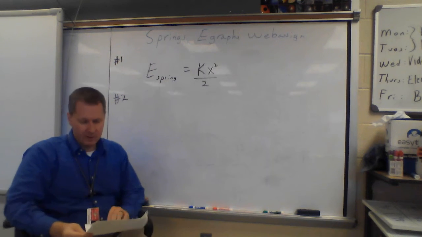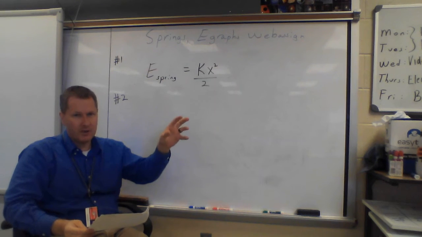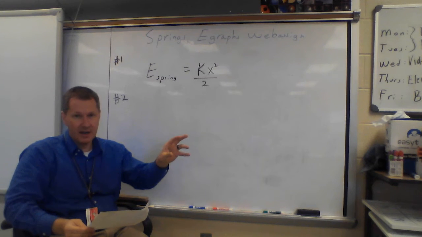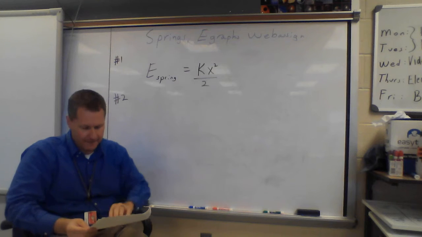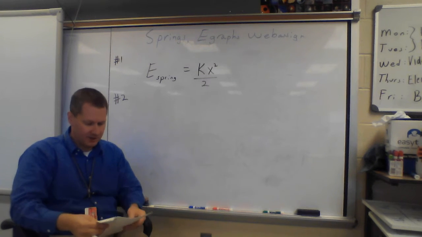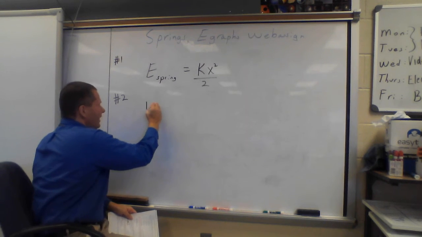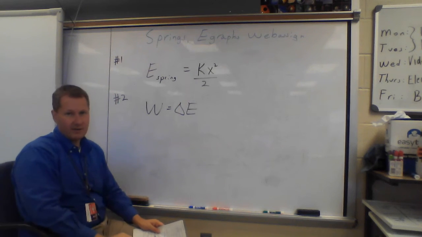Number 2 is a little bit trickier. They've got a few different pictures there, like different situations where the block can be at an equilibrium position, like a rest, or it can be stretched one way or compressed the other way. And so we've got a variety of questions for that one, about 4 of them. For all of them, they're asking how much work you have to do. Well, in general, work is the change in energy.